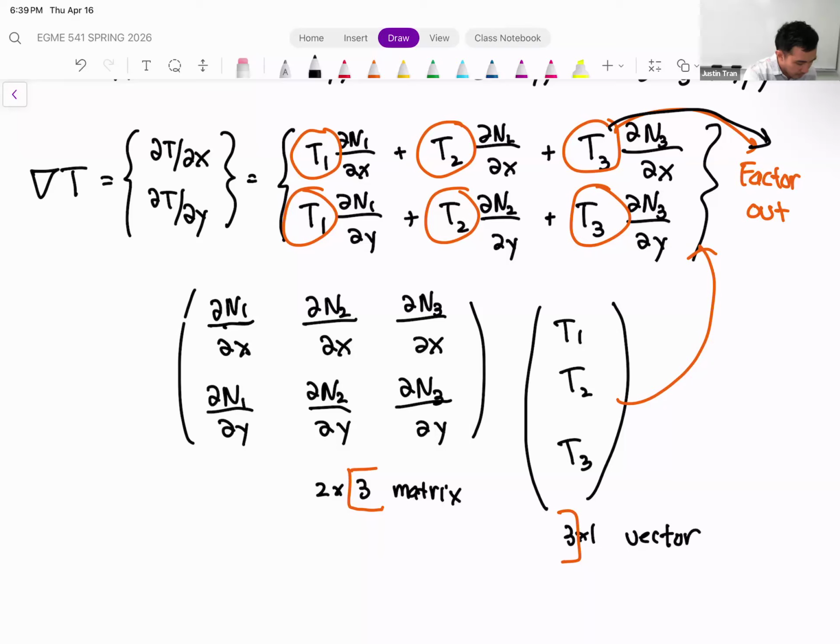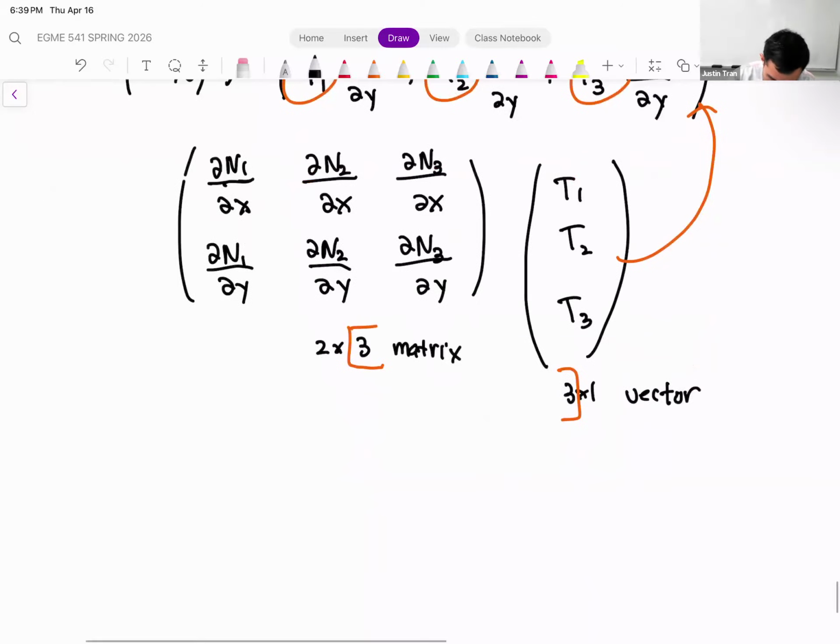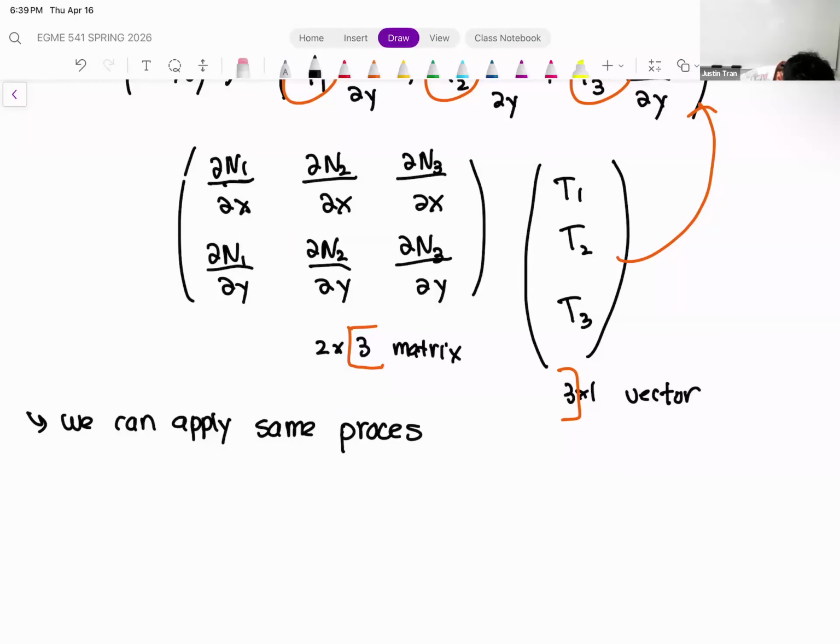And by that same token, we can do the exact same exercise for the gradient of W. I'm not going to write out all the steps for the gradient of W again.